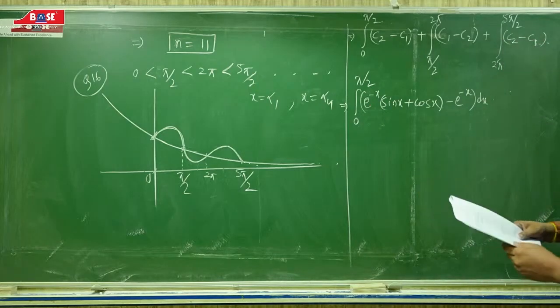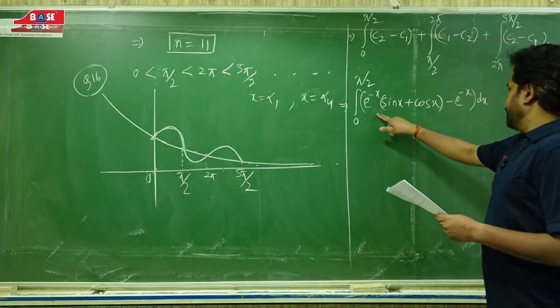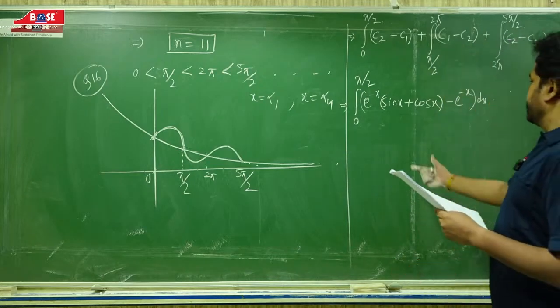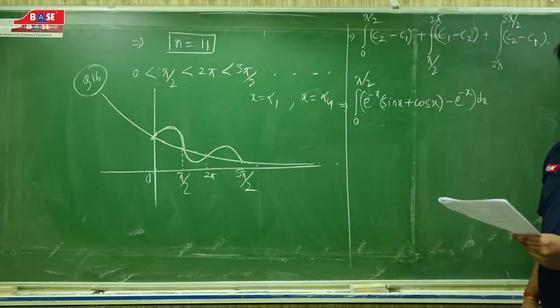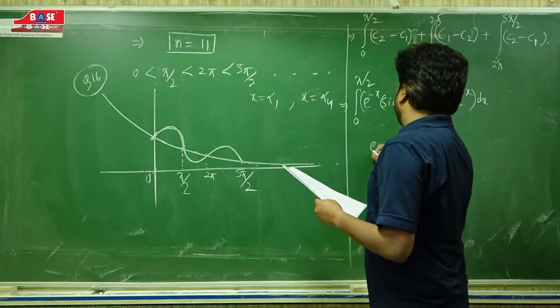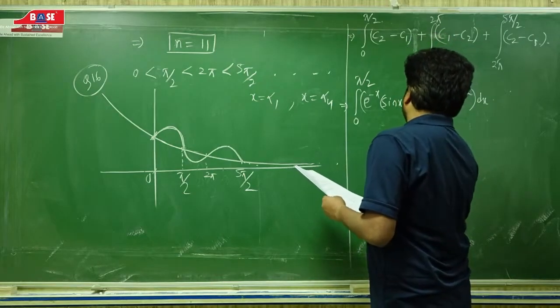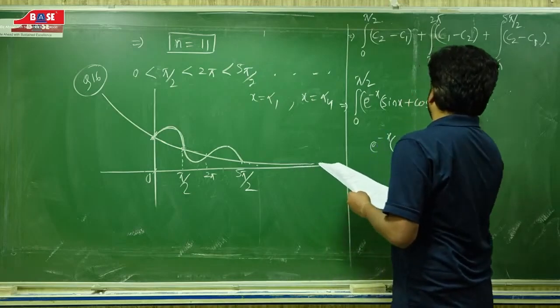So if you observe, we don't have to worry too much about the integration because all the integrations are the same, we just have to change the sign. So let's get the integration of this, and similarly we just change the sign and we'll get the remaining integrations, correct? So let's try to solve this one first.